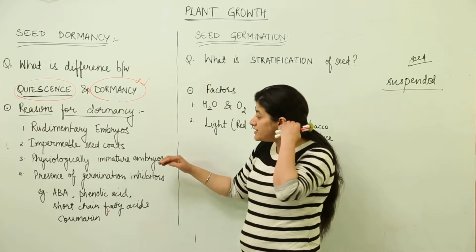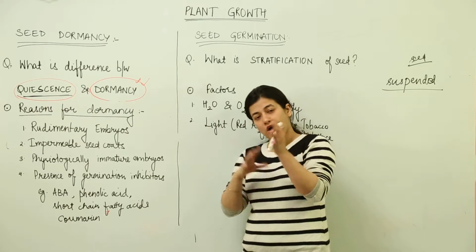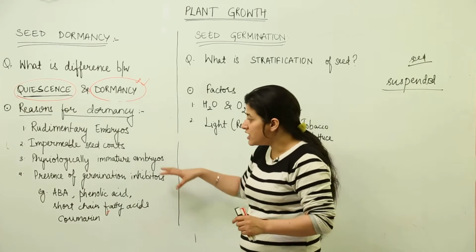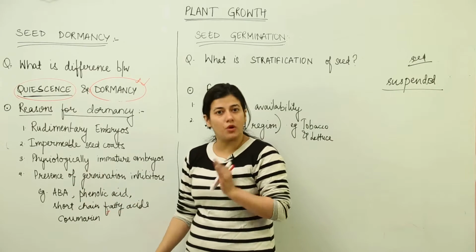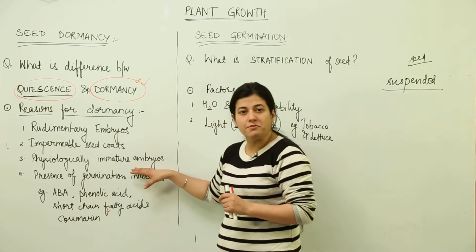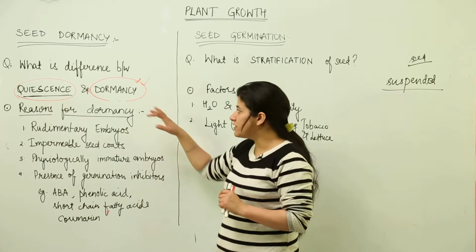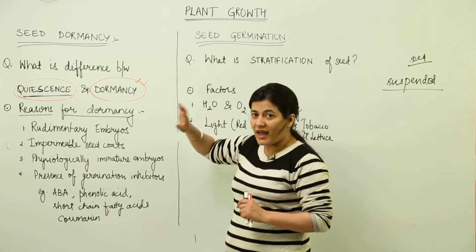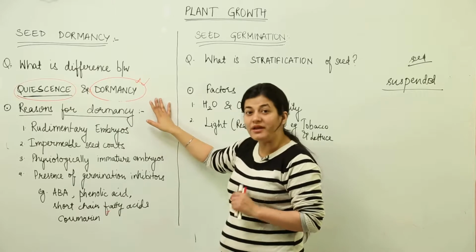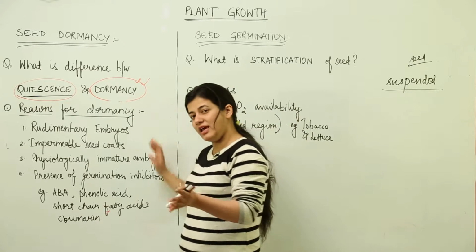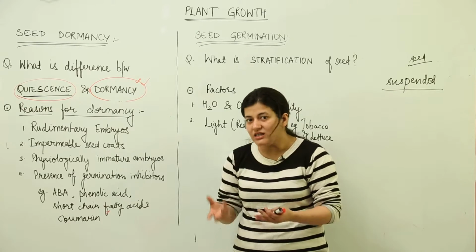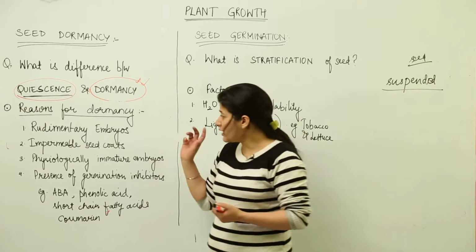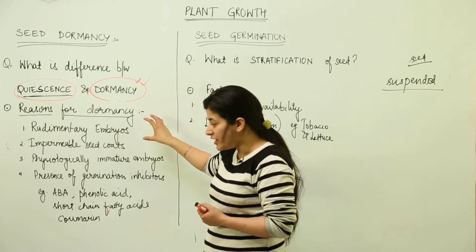The embryos might have developed, it might have shown that growth, the endosperm might be present, but the physiological activities inside the embryo might not have taken place properly, due to which they stay immature. That would also not give rise to seed germination, and hence the seed would be termed a dormant seed. That is, it is going to stay in suspended growth until and unless we apply some external mechanical or chemical pressure or some dormancy breaking method.